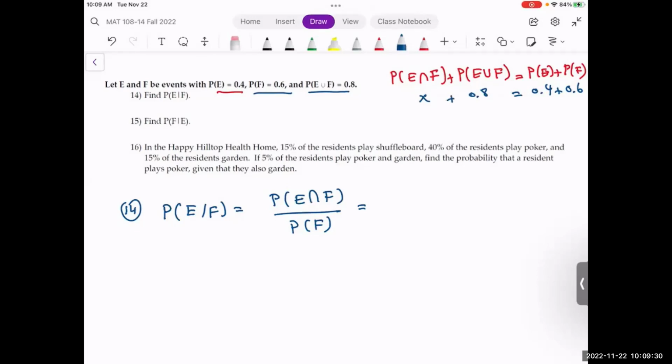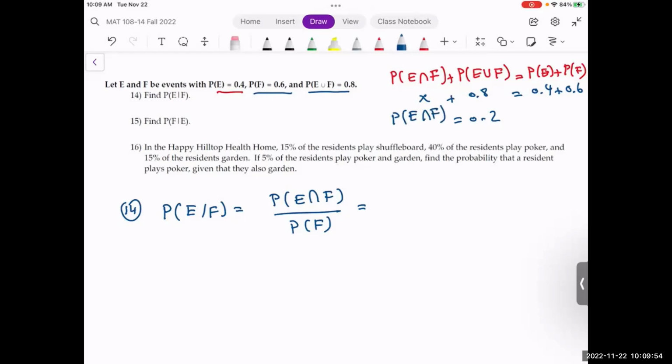So if you're going to solve for the X, what would you add to 0.8 to get 0.4 plus 0.6? That's going to be 0.2, right? So this X is actually nothing else than the probability of E and F.